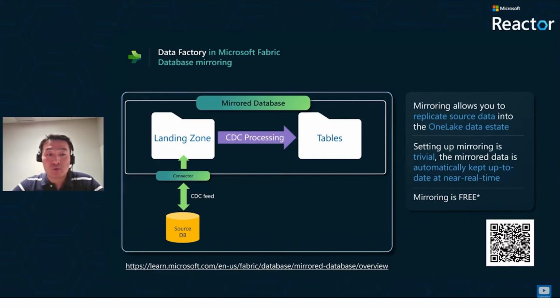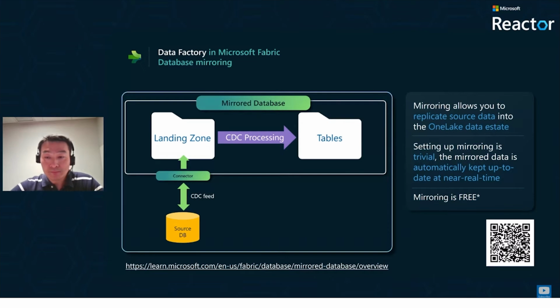After that, we move to the second phase, which is data replication from the landing zone to Fabric OneLake. The mirror engine picks up the data from the landing zone and updates the synchronized table in OneLake. Each insert, update, or delete operation in the landing zone is applied to the mirrored database accordingly.